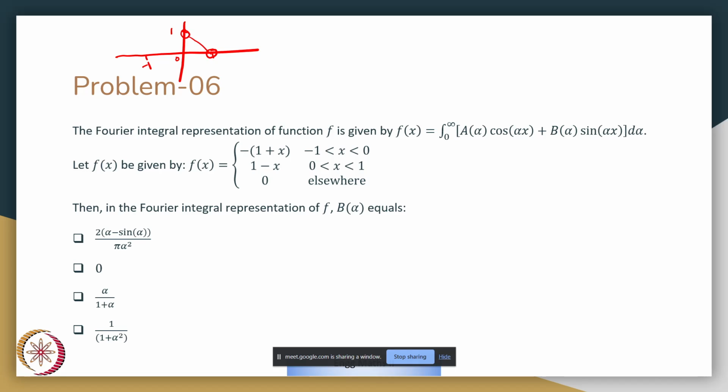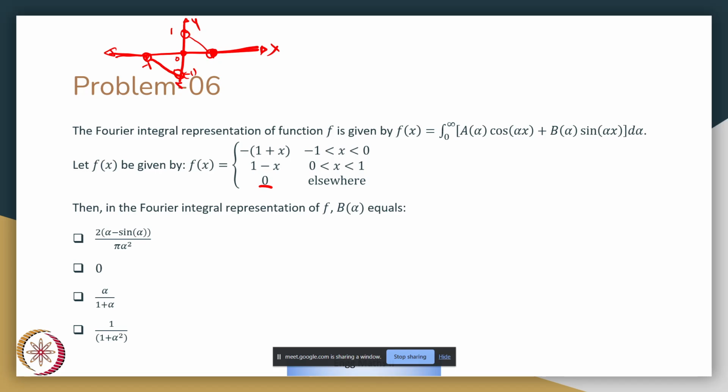When x is between minus 1 and 0, it is 1 at x equal to minus 1, 1 plus x will go to 0, and when x approaches 0, 1 plus x will go to minus 1. Again, 0 is not included, so 0 follows the third rule, which is f of x equals 0 for all of the other points. Okay, so this is how our function f of x would look like.